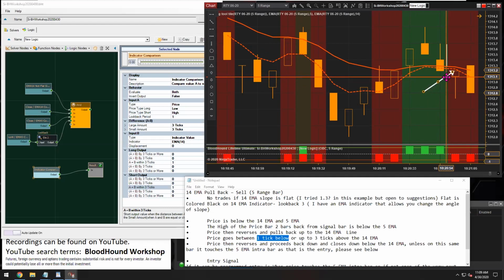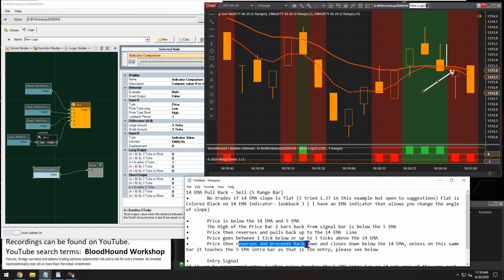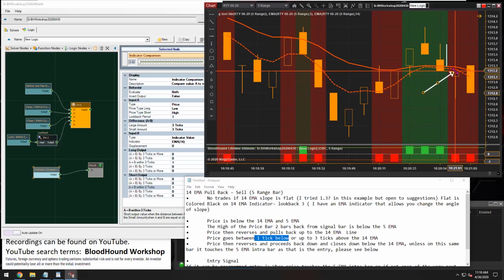It looks like the high of this bar is within a tick of our EMA, so something like this would qualify, purely looking at this individual requirement. But of course, if we read on, we can see that the bar needs to reverse back down, so we ultimately need a down bar. But when we're building the individual conditions, this bar here would actually qualify because the high looks like it's within one tick of our EMA.